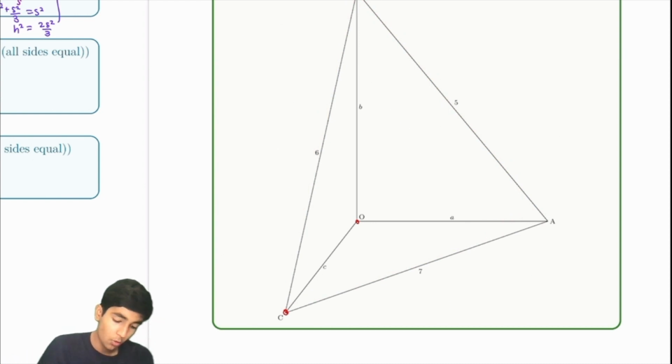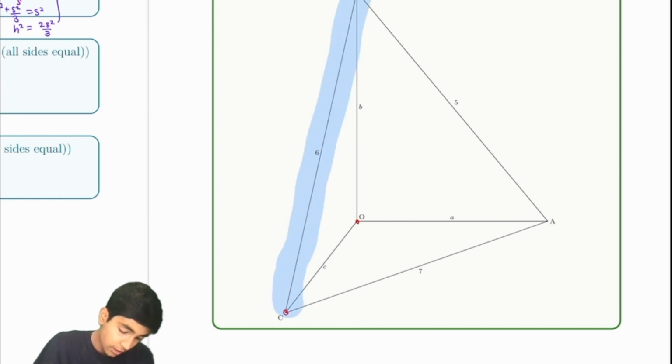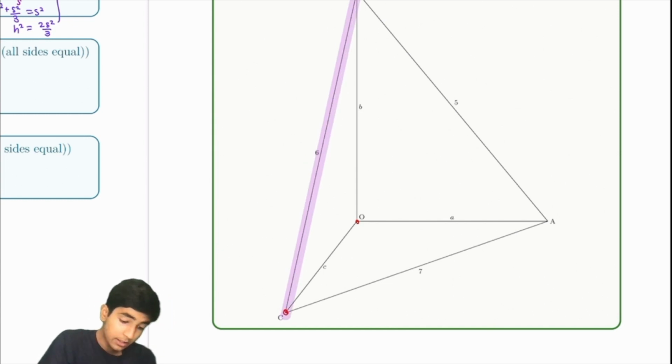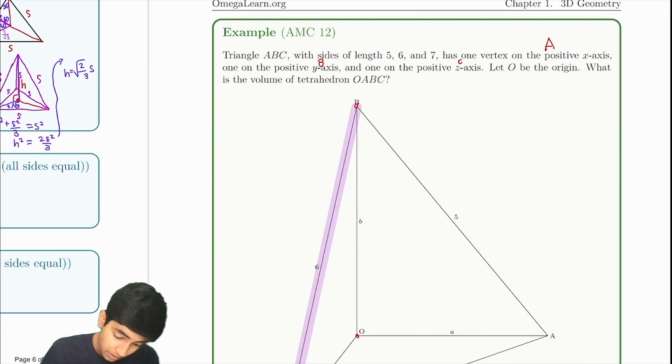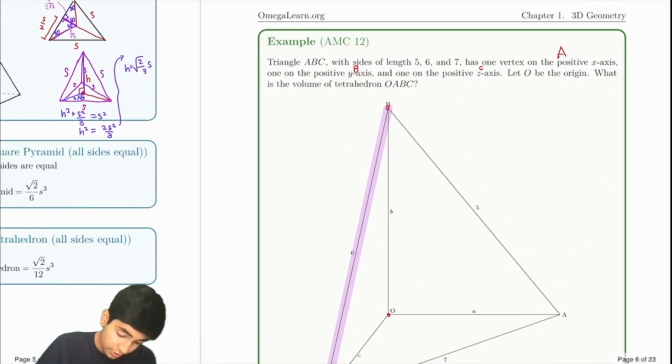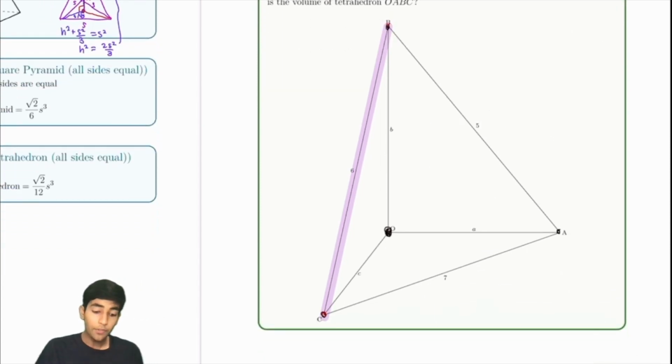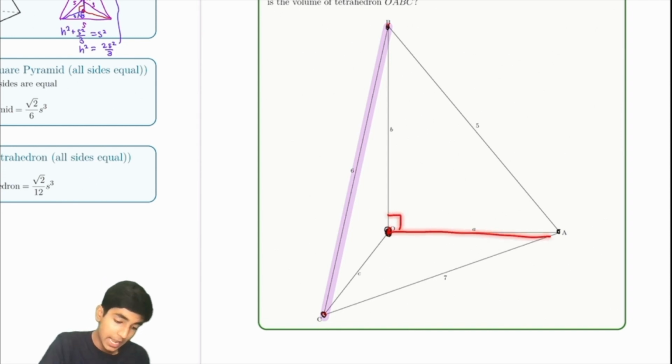Okay, so first things first, BC equals 6, this one. Focus in on this one. Way too thick. Okay, that's better. So how do we use a condition that BC is 6? Well, notice here that this is the origin, right? And then this is the x-axis, y-axis, and z-axis. So what that means is that this is going to be a 90-degree angle right here.